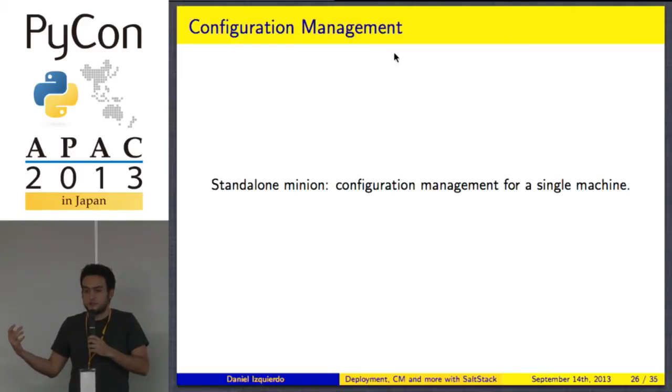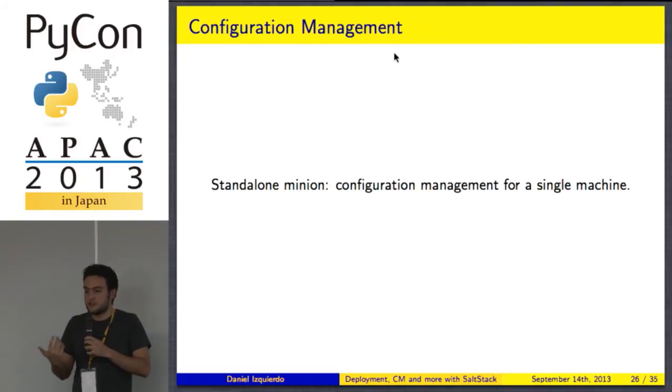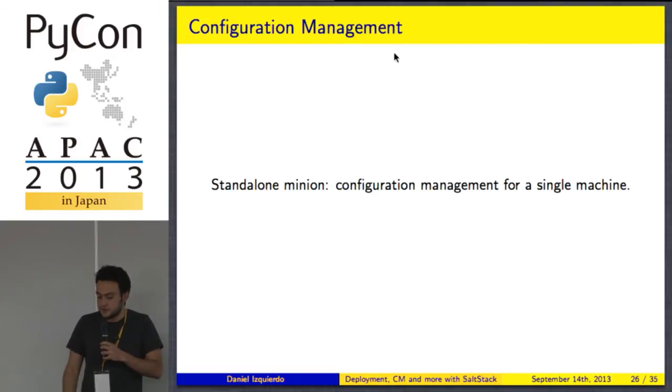So basically you install only the package for the minion on your machine, and then copy the whole state tree that I was showing before to this minion, and then tell it to configure itself according to this set of rules. And if you're just starting out, this is a pretty helpful option.